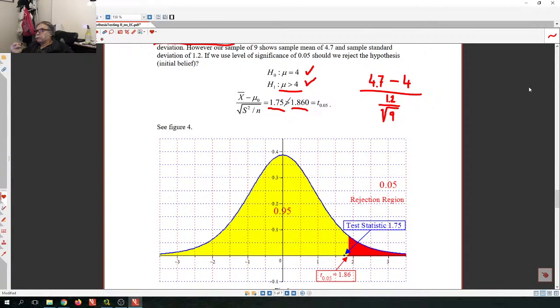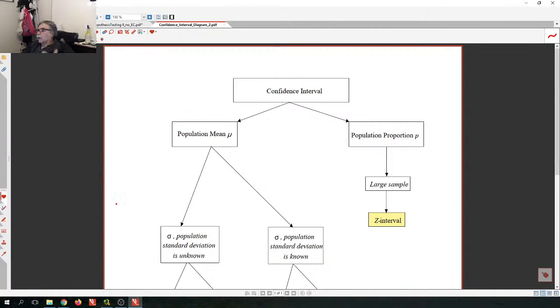And you can use the same logic for that diagram that we used for estimation, if you remember, when we were doing estimation. Of course you need to remember that because we had that not very long ago. You can use the same diagram for testing.